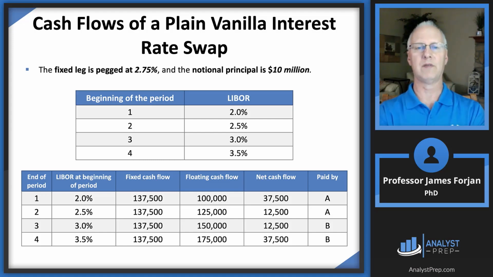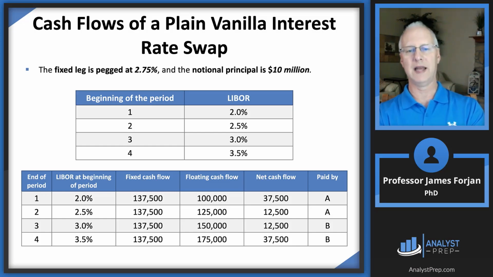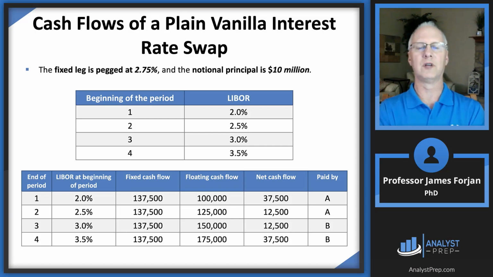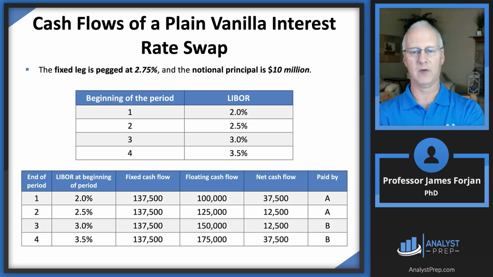It's 2.75% of 10 million. So you get 275,000, cut that in half, and there's the column of fixed cash flow of 137,500.